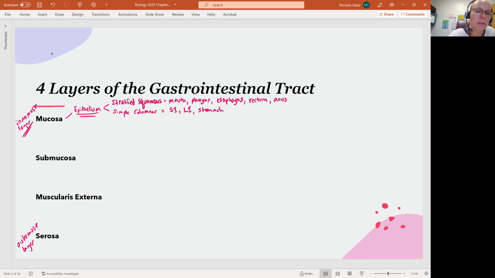From there, we're going to have a lamina propria, which is going to be connective tissue. And this is going to hold blood vessels, lymphatic vessels, and this is where that MALT is located.